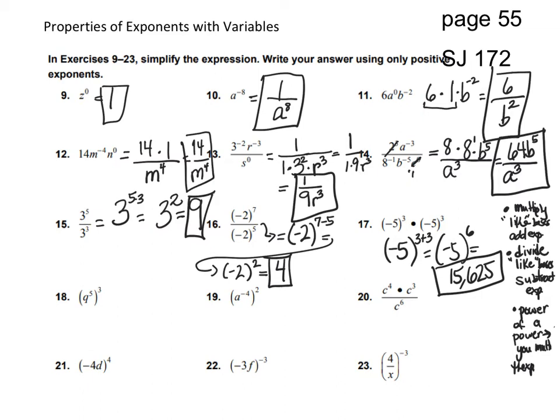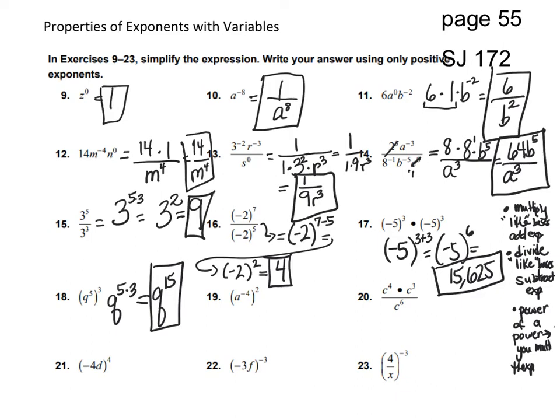Okay? So, q to the 5th raised to the 3rd power is q to the 5 times 3. And then 5 times 3 is 15. So q to the 15th is the answer to number 18.